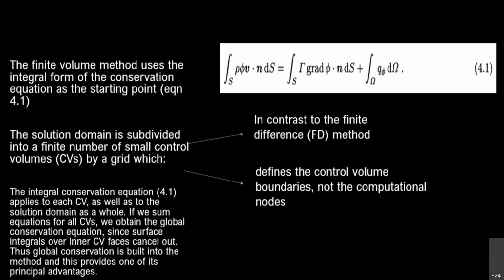If we sum up the equations for all CVs, we obtain the global conservation equation, since surface integrals over the inner CV faces cancel out. So global conservation is built into the method, and this provides one of its principal advantages.